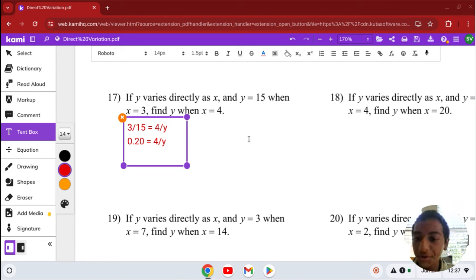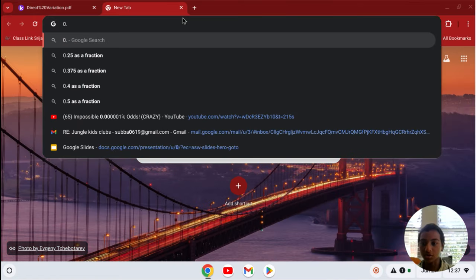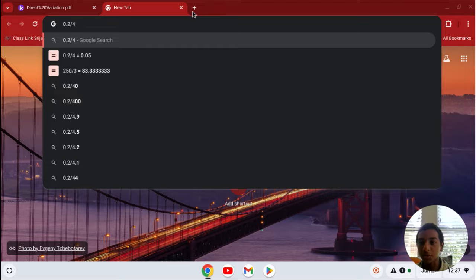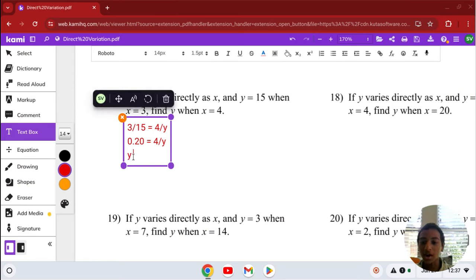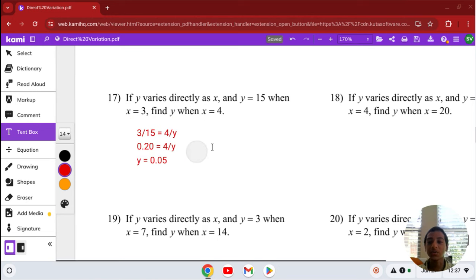So now we're dividing both sides by 4, which gives us 0.05. So y equals 0.05.